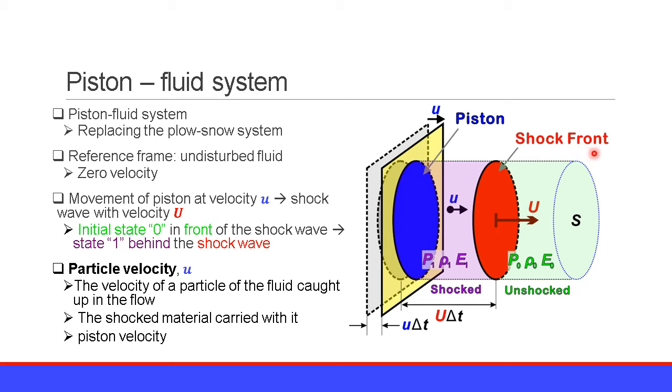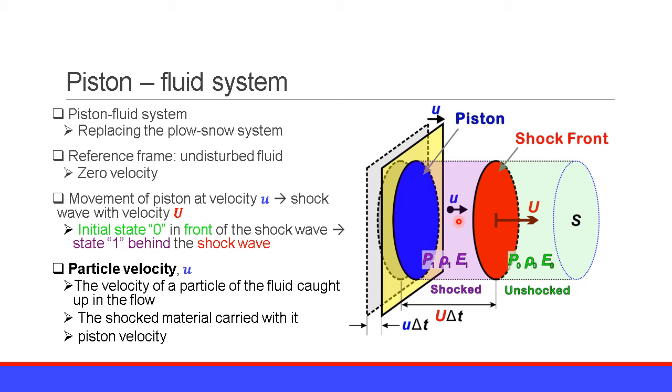In front of the shock front, it's an unshocked state, where the pressure is P0, density is rho 0, and internal energy is E0.